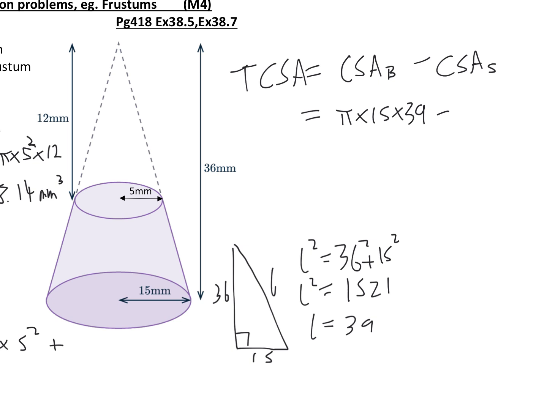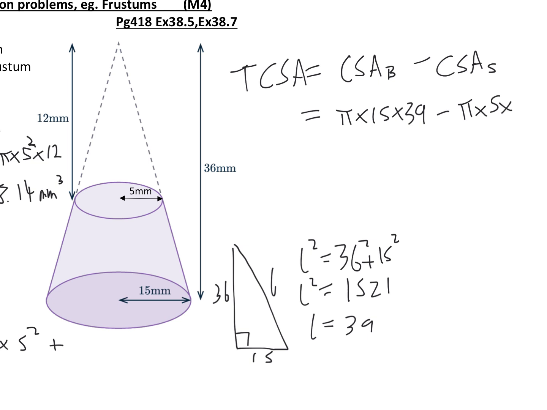Minus then the curved surface area for the small cone, which is also pi rl, but this time the radius of the small cone is 5. And the slant height for the small cone we don't know. You could do the same idea, draw a triangle here and do Pythagoras' theorem, but you might notice that all the dimensions are 3 times smaller. So the radius was 15, then it was 5, the height was 36, and then it was 12.